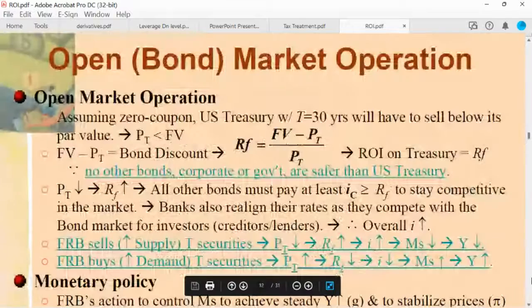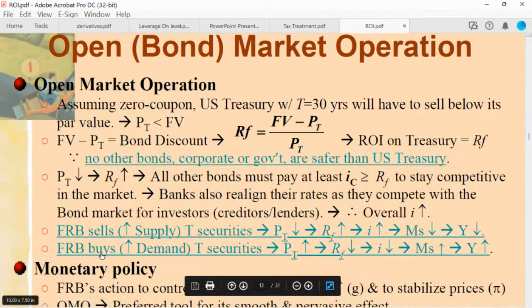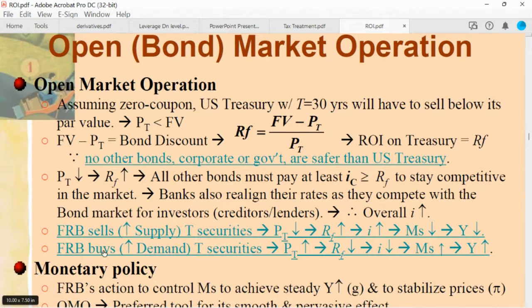And it's exactly the opposite mirror image when Federal Reserve buys back the Treasury securities, right? That means more demand. More demand always pushes up the price, right?